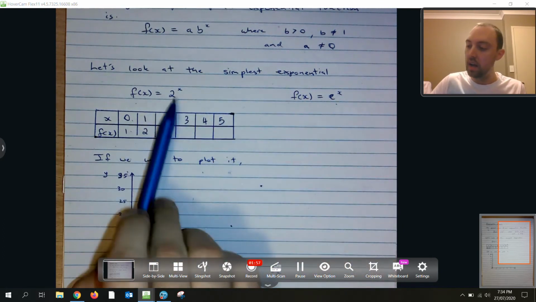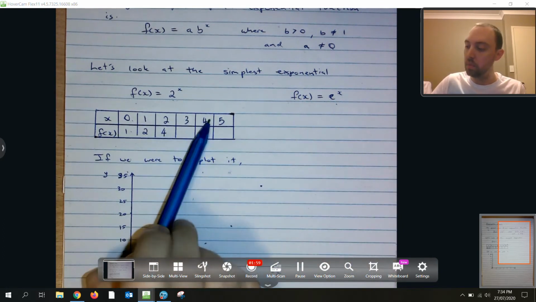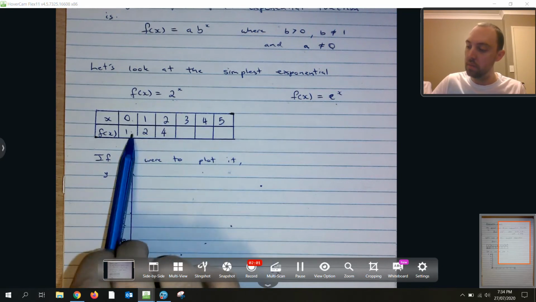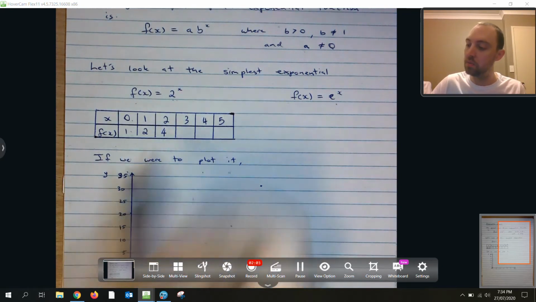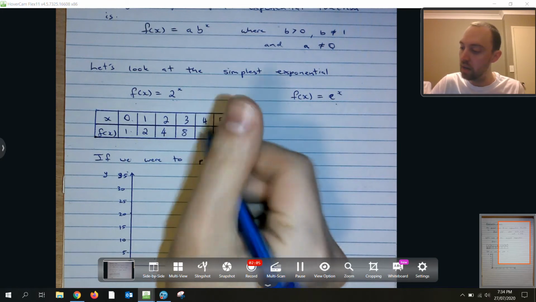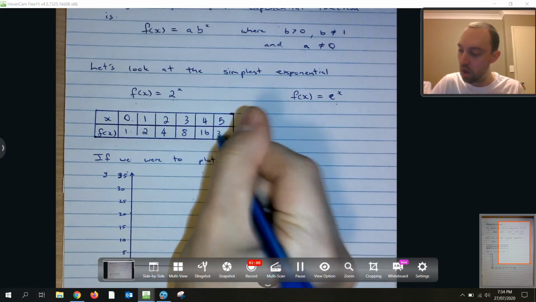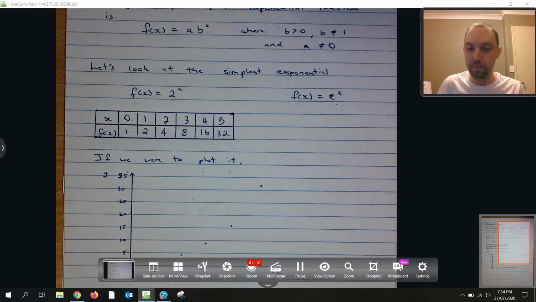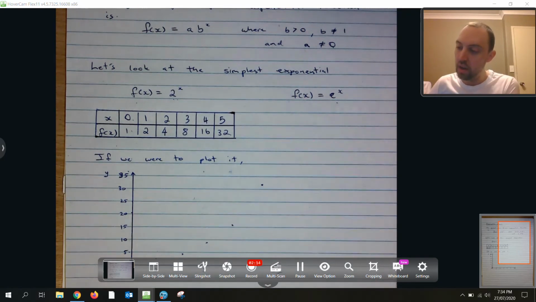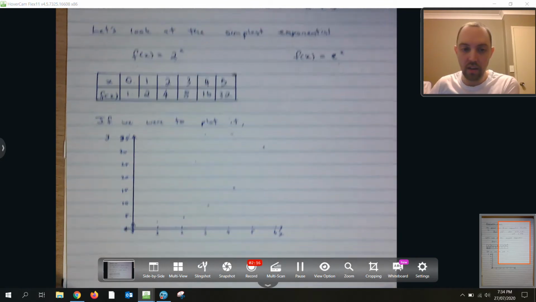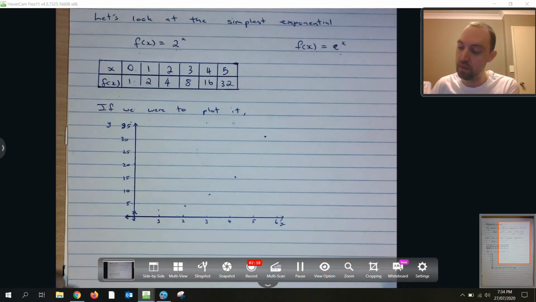And each time we increase x by 1, that number y, f(x), is going to be doubling. So 8, 16, and 32. Pretty straightforward so far.